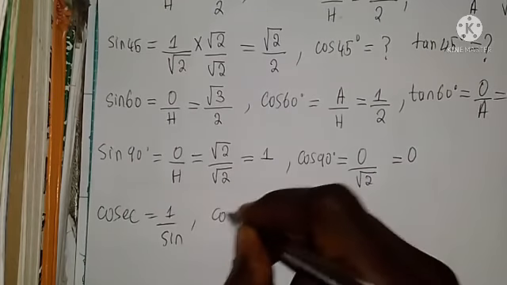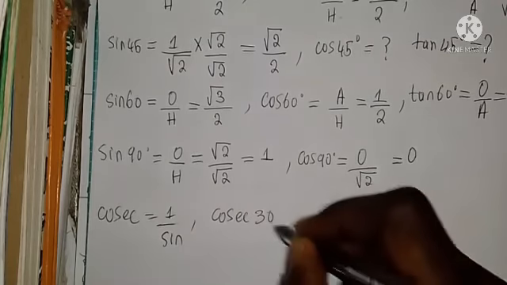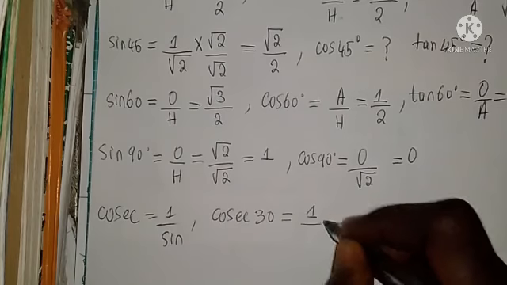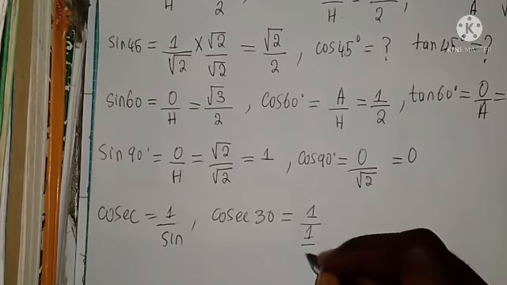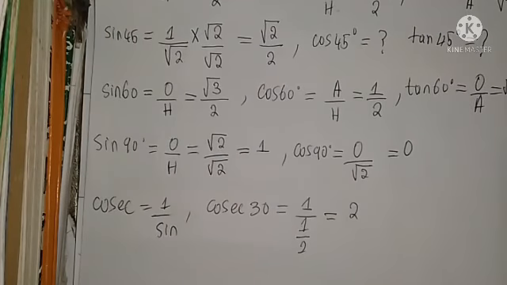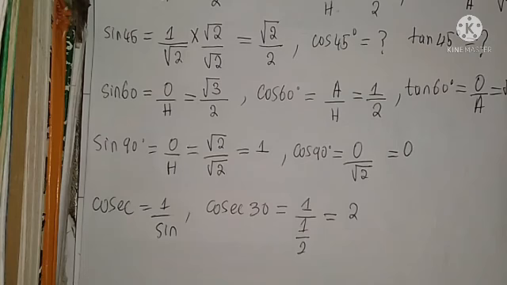So in the case of cosec of 30, it is going to be 1 divided by half, which is equal to 2. So feel free to try, this is your chance, and get your values. Then I'll make sure I check it and try to correct it in the comment section. So until next time, see you in the next video.